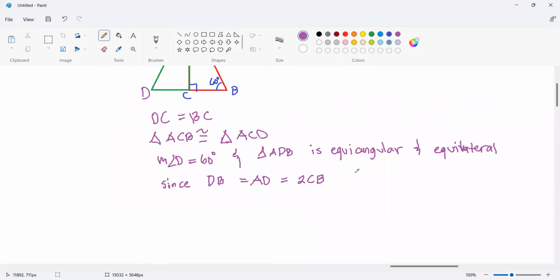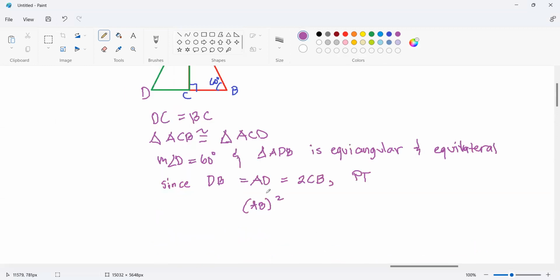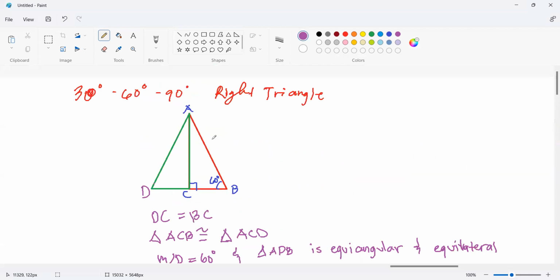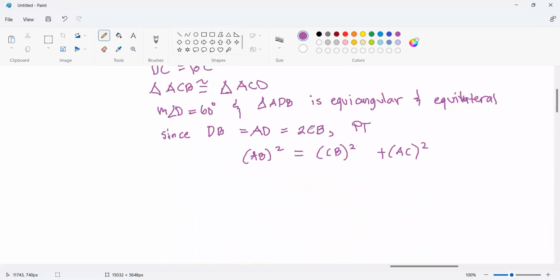So, by the Pythagorean Theorem, we have AB squared, this side, equal to CB squared plus AC squared. And take note, AB is equal to DB and AD; all three are equal since the big triangle is equilateral. So that is also equal to 2CB.